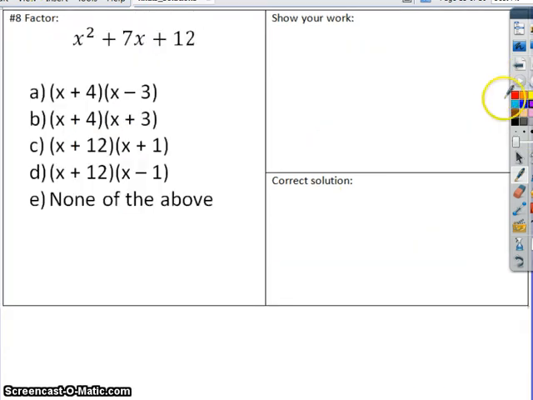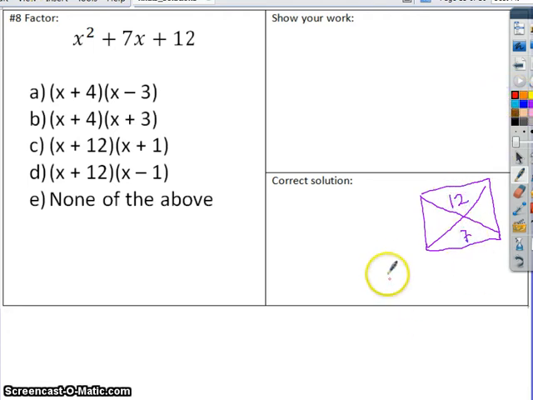Next question is a factoring question. So the way that we've been doing these is with what I call a tic-tac. And I do like to write it down just so that I have something I can grade. I'm looking for two numbers that multiply to make 12 and add to make 7. The factors of 12 are 1 times 12, 2 times 6, and 3 times 4.